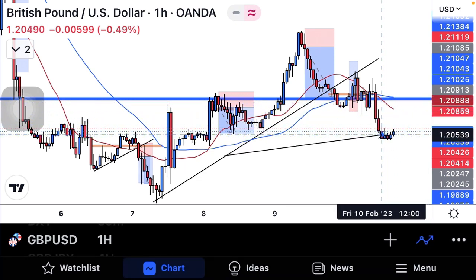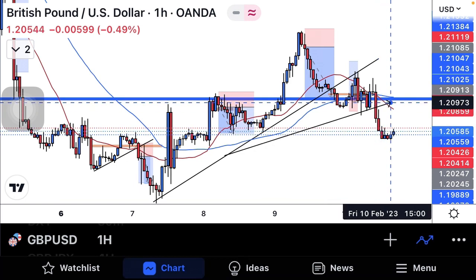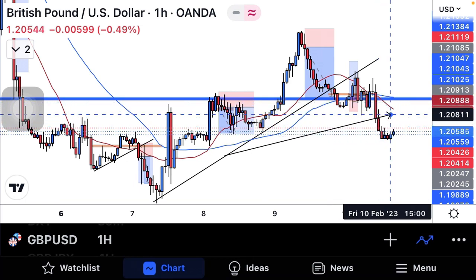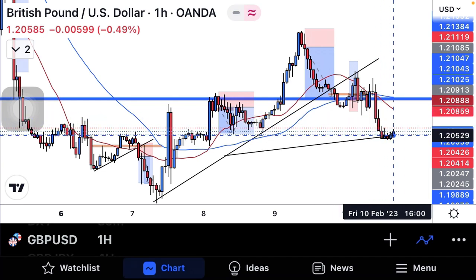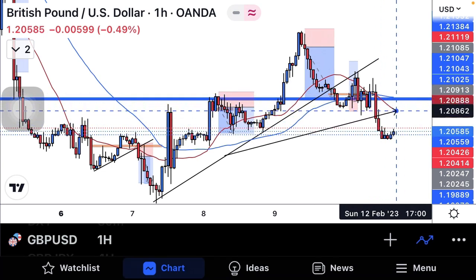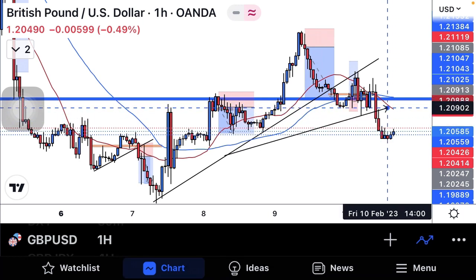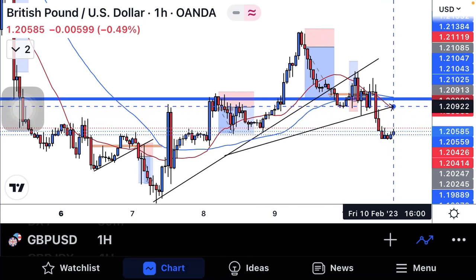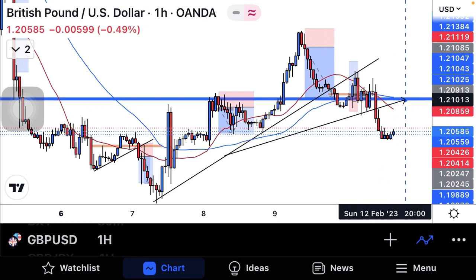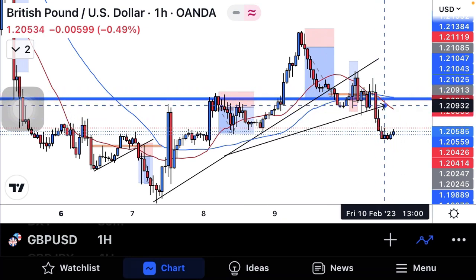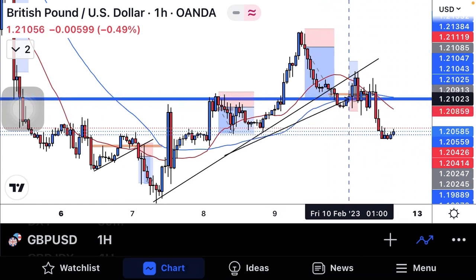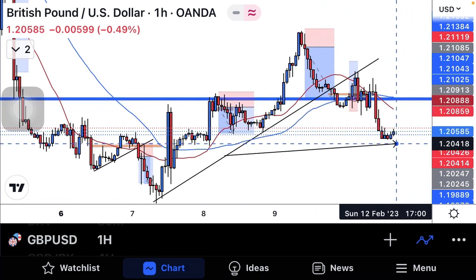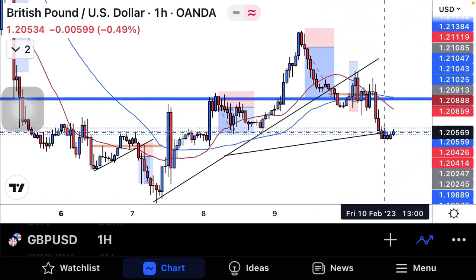As you can see, I have multiple confluences that this is going to continue bearish next week, because when price pulls back to this level, there is also my 50 EMA and 20 EMA. So the price is going to go back to retest it and start dropping down. So two confluences already, my daily level and these indicators.